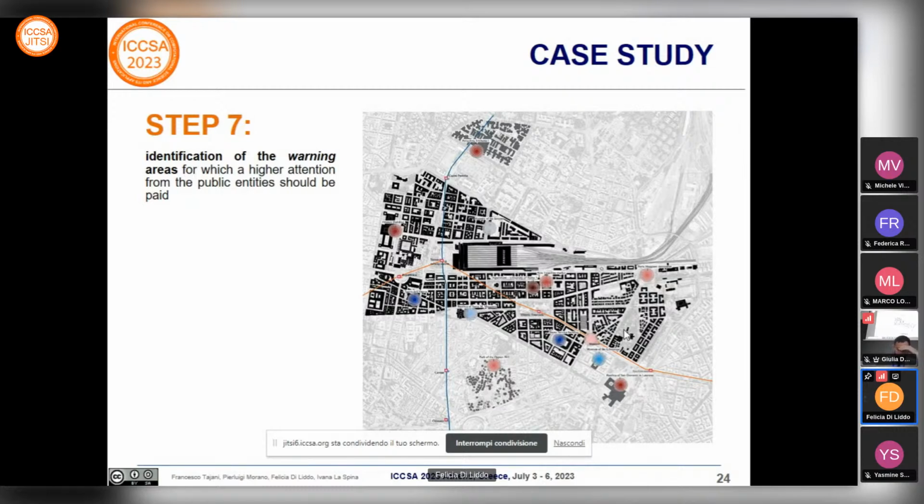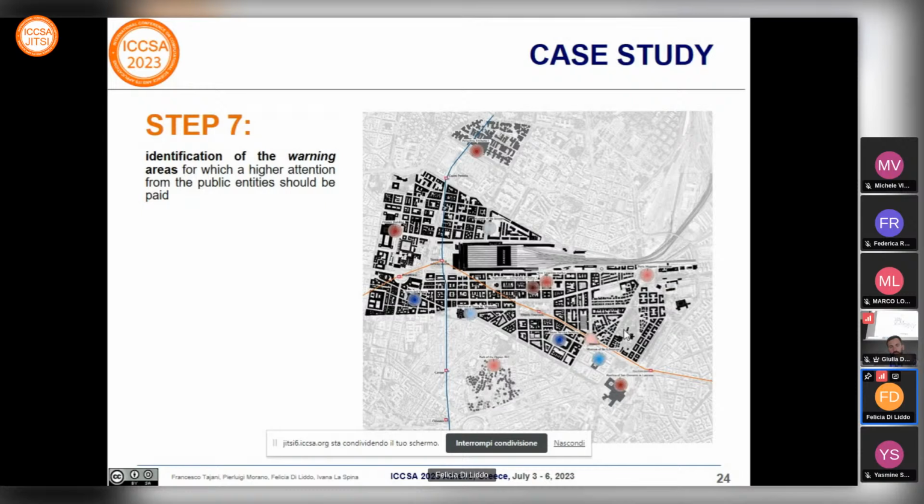In red, the disamenities, so the urban poles whose proximity affects in a negative way the choices of buyers and sellers. By taking into account the aim of the research, the red dots represent the warning areas for which high attention from public entities should be paid.